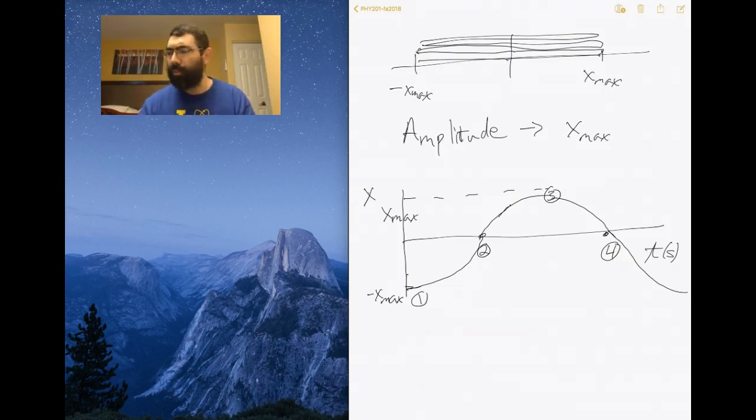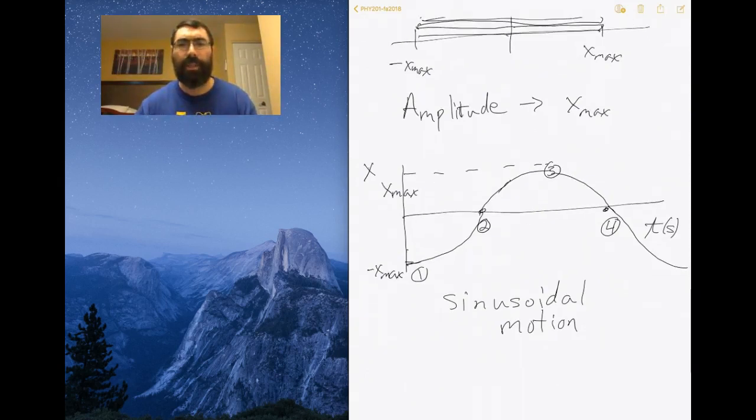We're going to get sinusoidal motion. So the equation that governs an oscillation, or how something is going to move in these particular cases, is going to be a sine wave. So we'll look at that in upcoming lectures.